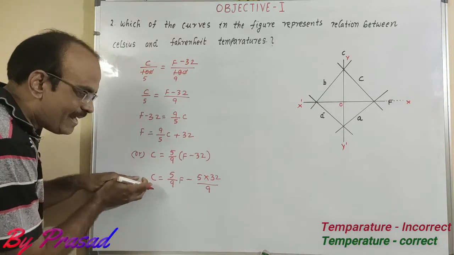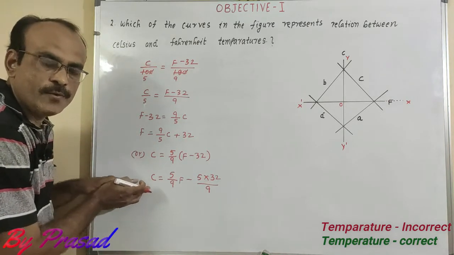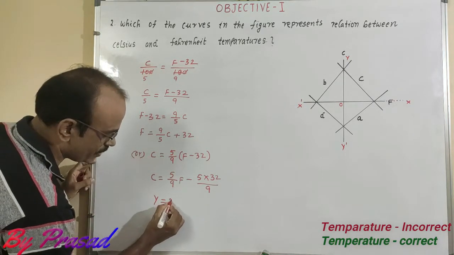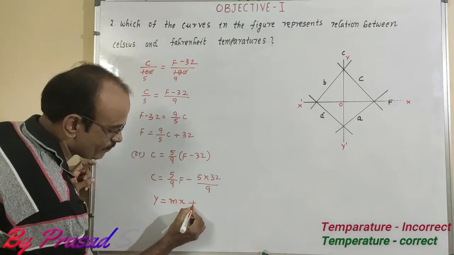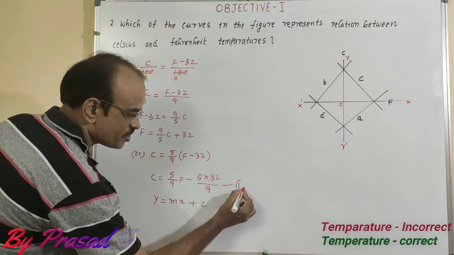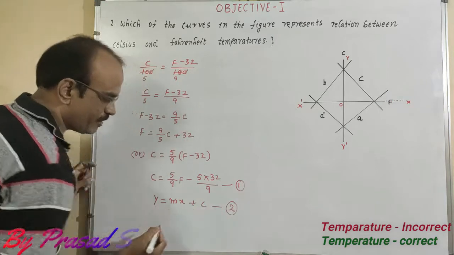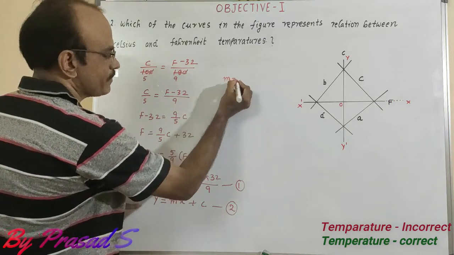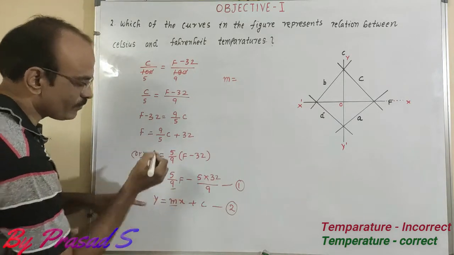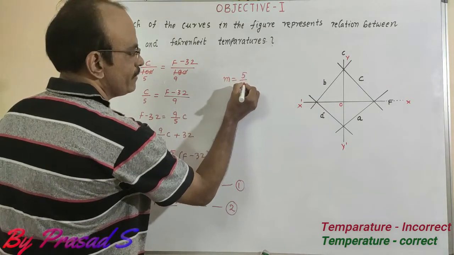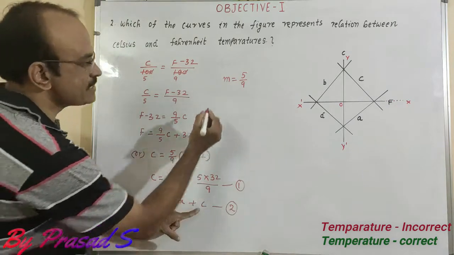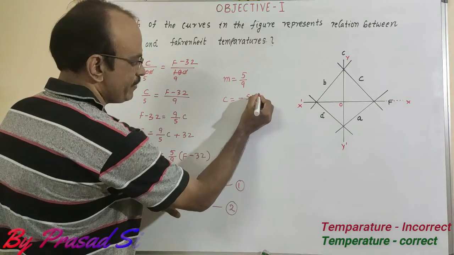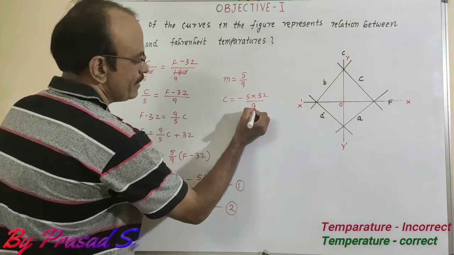We have to compare this relation with y equals mx plus c. This is equation number 1 and this is equation number 2. Comparing these two, m is equal to 5 by 9, and c is equal to minus 5 into 32 by 9.